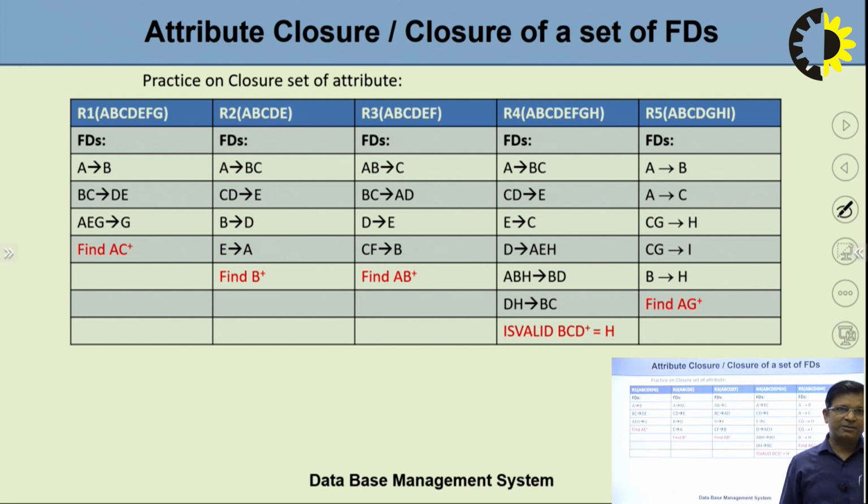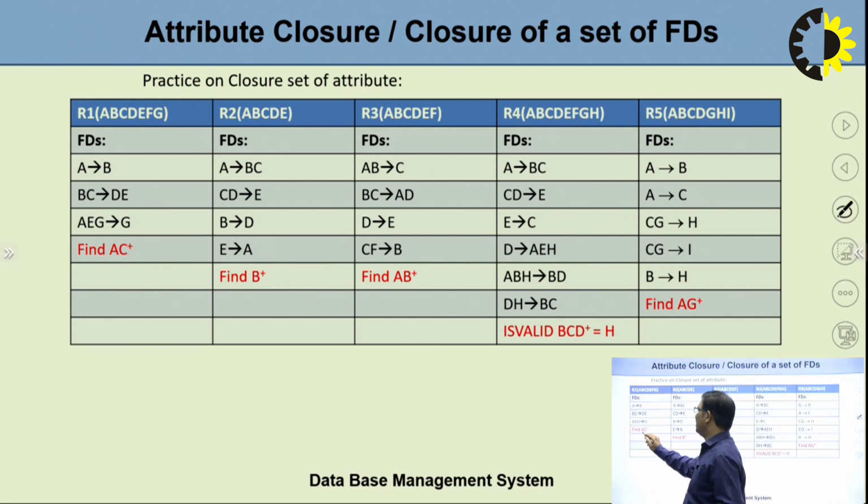this is some practice on attribute closure, or closure of a set of given functional dependencies. So solve this. Now, for example, we have to find AC closure. So we should write AC first. Okay. B can be identified.